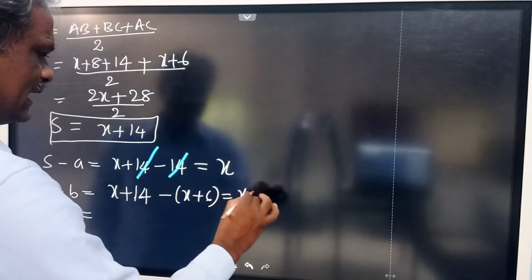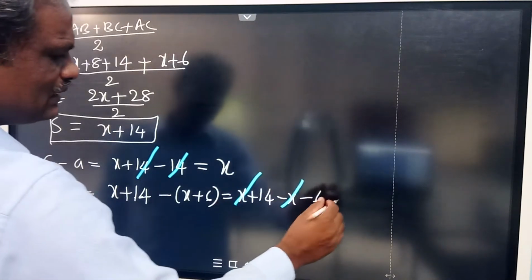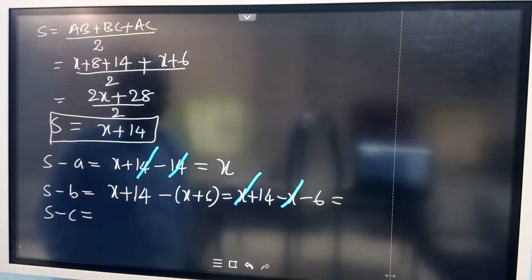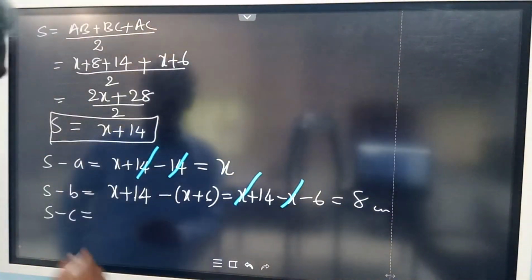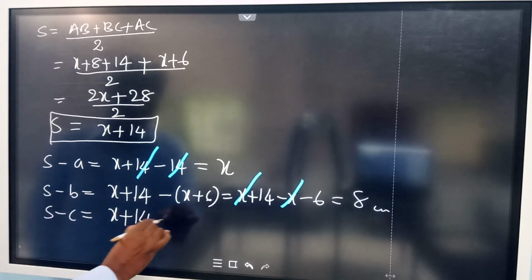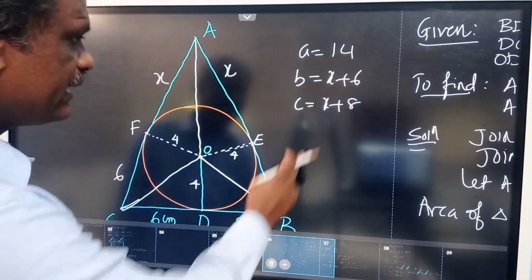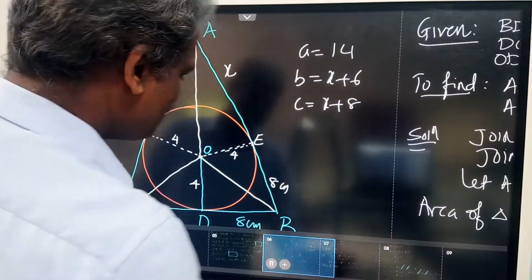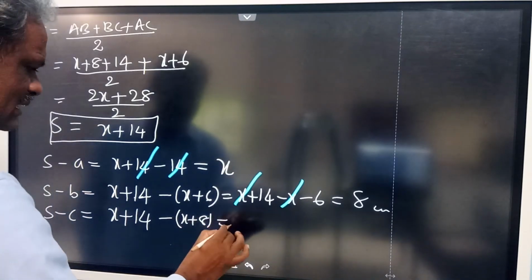Simplify this: x and x cancel, so 14 minus 6 is 8 centimeter. Similarly, S minus c is x plus 14 minus c, which is x plus 8. So you can substitute here x plus 8 and simplify this.